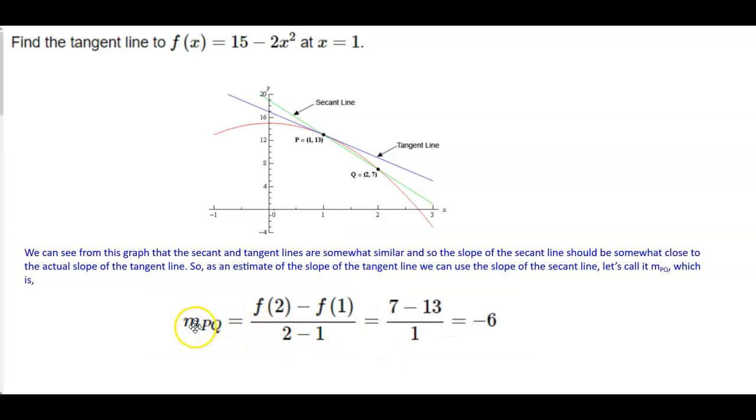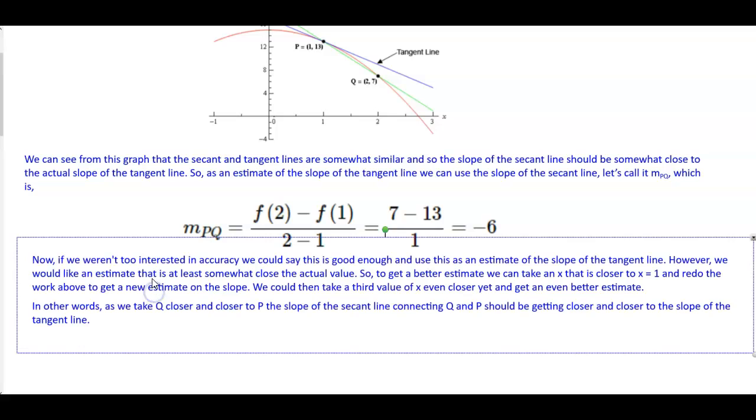We take f of 2, the output for 2, minus f of 1, the output for 1, over 2 minus 1. We take the value of 7, subtract 13, and divide that by 2 minus 1, which is 1, which gives us a slope of -6.